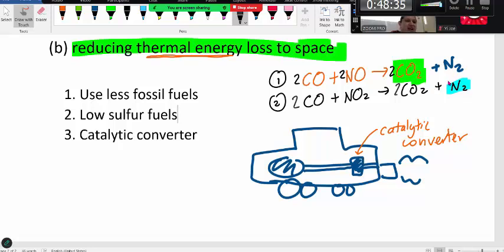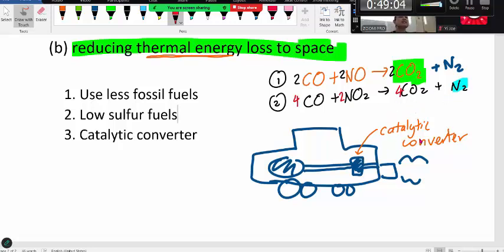Oxygen is correct already, right? So this one is half. So four, two, four, one. Is it correct? You try and see. Four times plus four, eight. Two, two. Okay, get it?